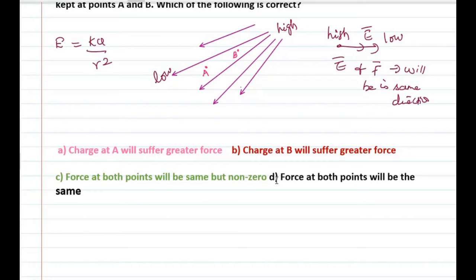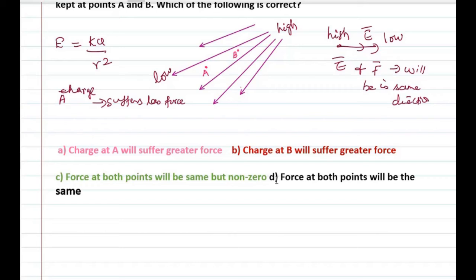So here A is far away from these electric field lines, that is, far away from the high potential. The charge A is far away from the high potential, so it suffers less force. Any test charge placed there suffers less force.